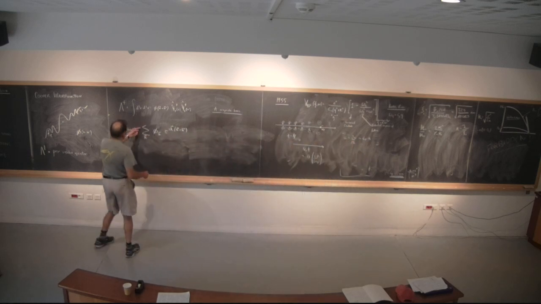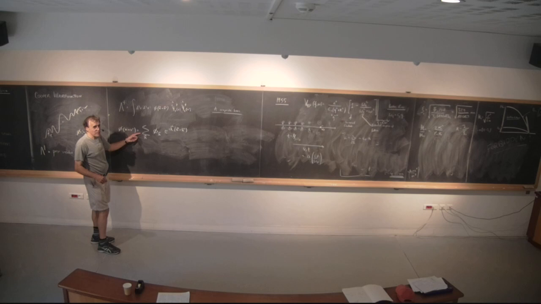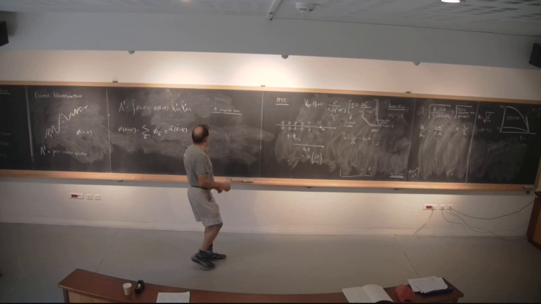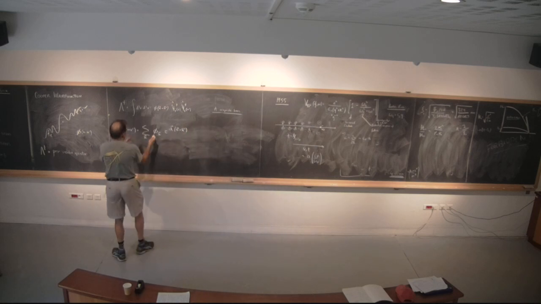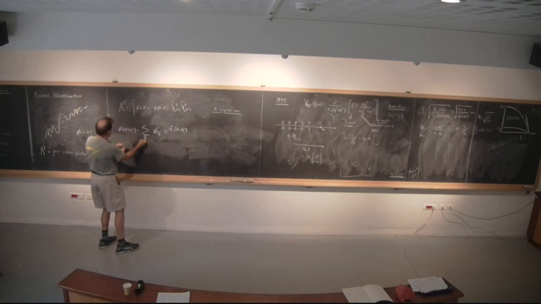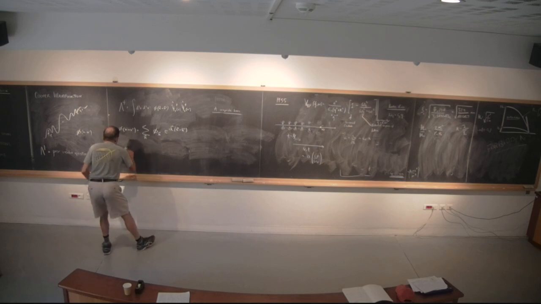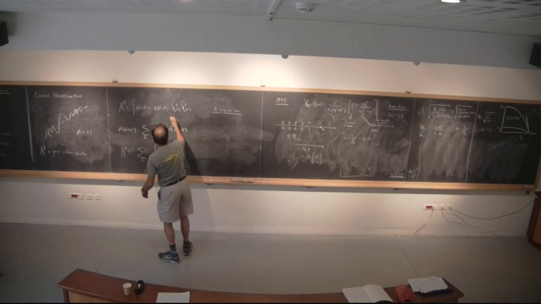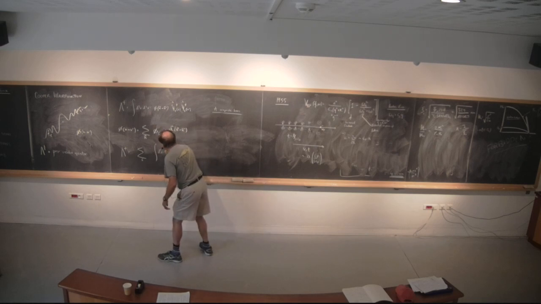Legally speaking, I need to put a 1 over the volume into this to normalize it properly, okay? And then this becomes d cubed k over (2 pi) cubed, but I'm going to set the volume to 1, just so I don't have to worry about that. So if I now put that into there, then I can rearrange the integrals and the summations and rewrite the Cooper pair operator, pulling that sum over k outside, and now putting the first integral over x here, pulling out this e to the i k dot x there, and putting in my creation operator like that.